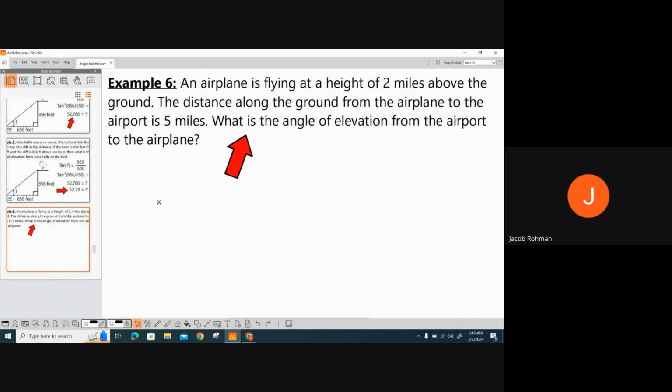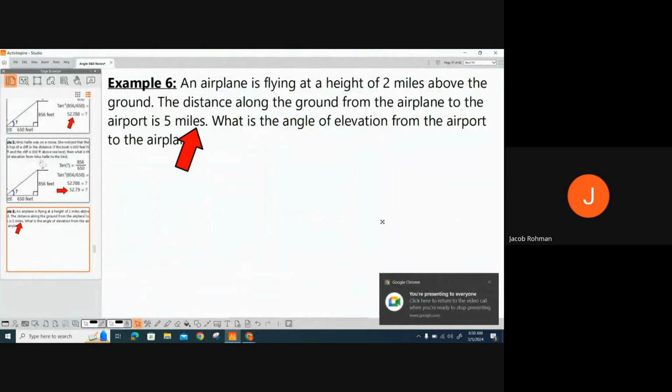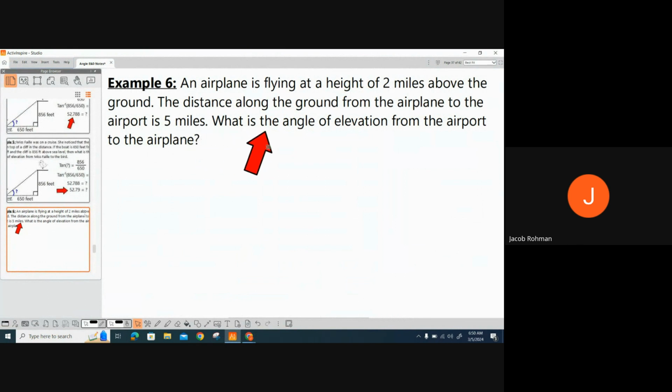And then in example 6, we see that an airplane is flying at a height of 2 miles above the ground, and the distance along the ground from the airplane to the airport is 5 miles. So then it asks, what is the angle of elevation from the airport to the airplane?